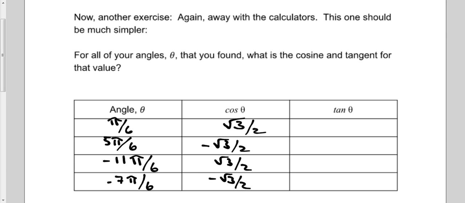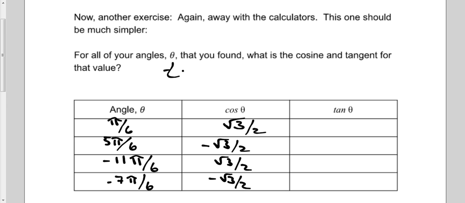Now, what was the one thing that all 4 of these angles had in common? How did I compile this list of 4 angles? The sine of it was all what? Well, positive 1/2, right? These were all positive 1/2. So, to figure out what the tangent's going to be, how do I do that? What divided by what? Sine divided by cosine.